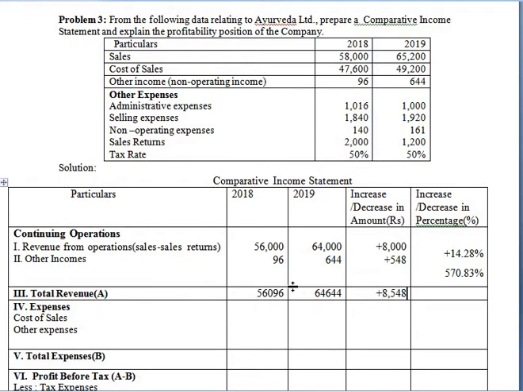Next one is percentage. How will you calculate the percentage? 8,548 divided by 56,096 rupees. So the percentage will be 15.23 percent.